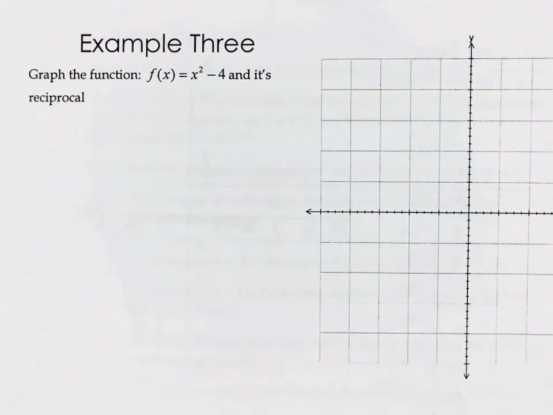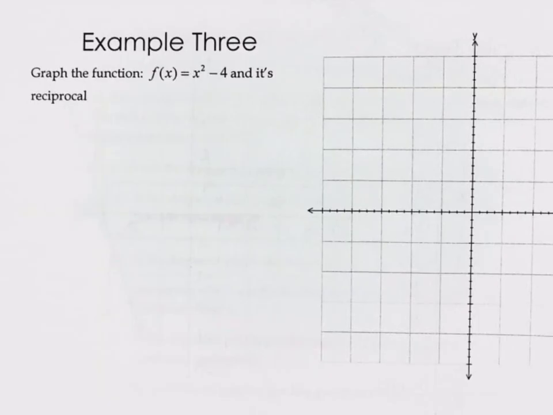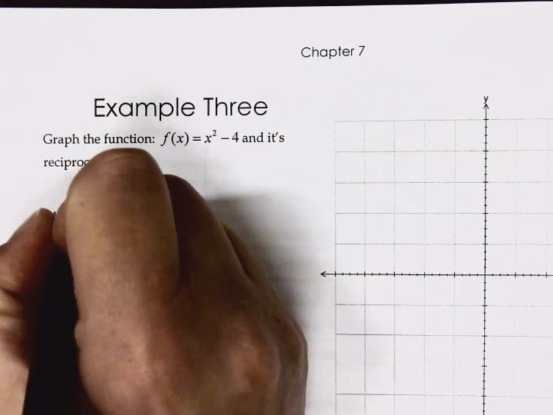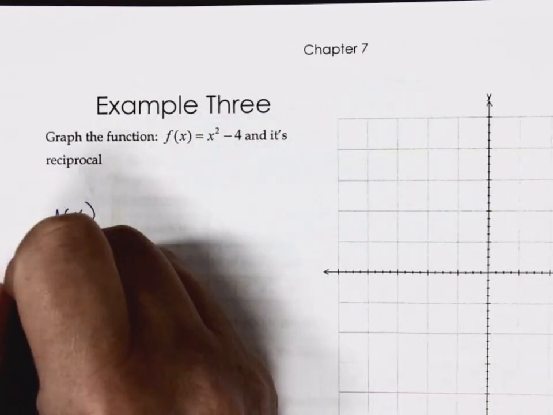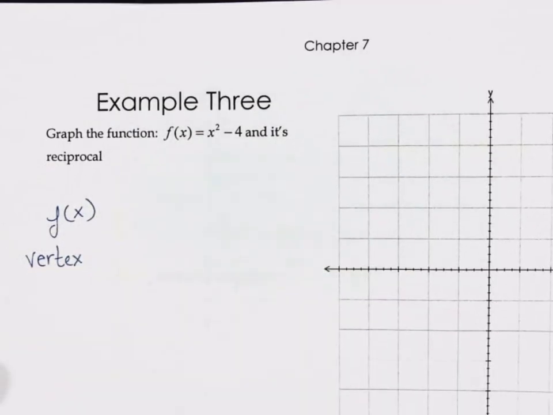Okay, here we go. What do we need to know about quadratics? Vertex and x-intercepts. Okay, let's do our vertex. So, what's our vertex? I know what it is by just looking at it. You guys might not feel comfortable with that.